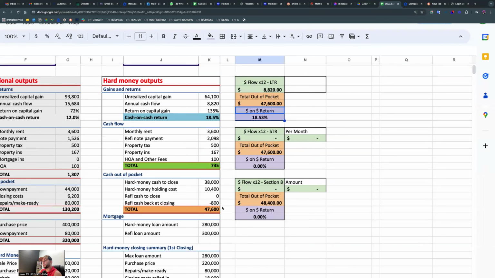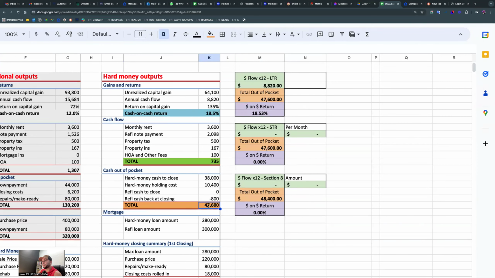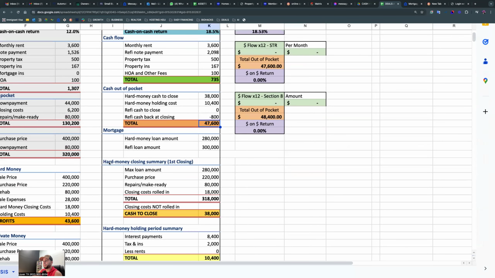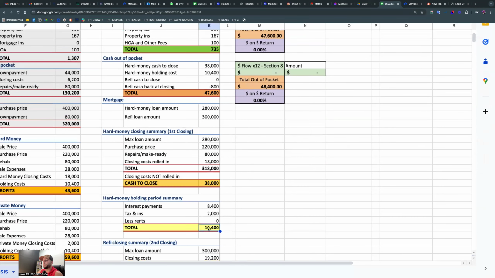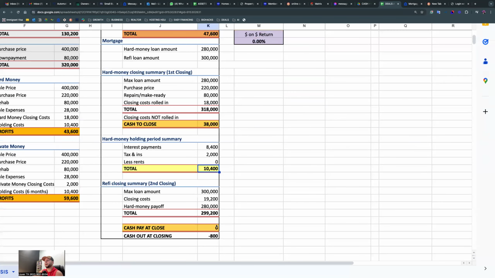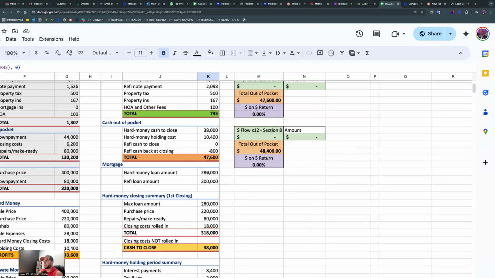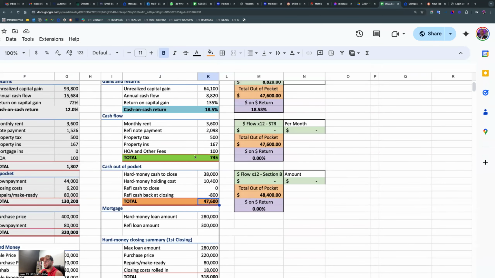In this example, we are putting $47,000. Why? Because we're first closing with the Harmony lender, we're putting 1,000. Then we have around $10,000 in closing costs, and actually we're getting $800 back from the refi. That will give us a total of $47,000.